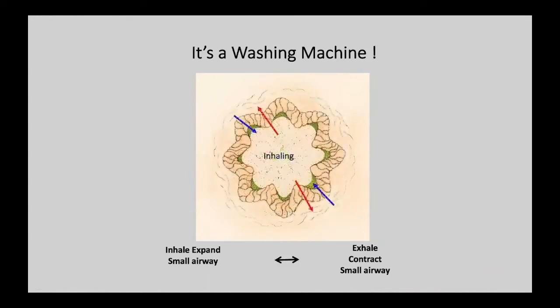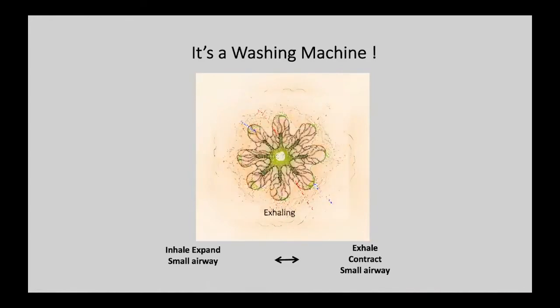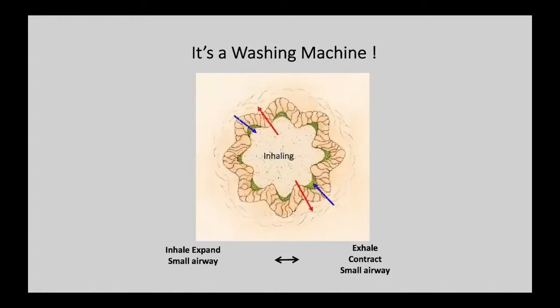So we can envision that this airway surface fluid, in the process of inhaling and exhaling and contraction and expansion, is being agitated, moved or stirred, if you will, so that it doesn't become stuck and accumulated in a particular region. It can be maintained mobile and moved more easily across the luminal surface.